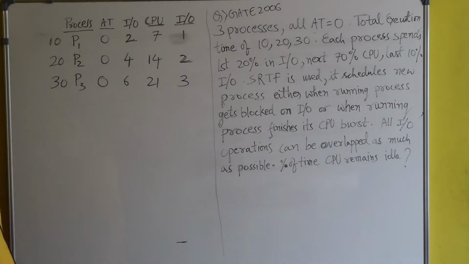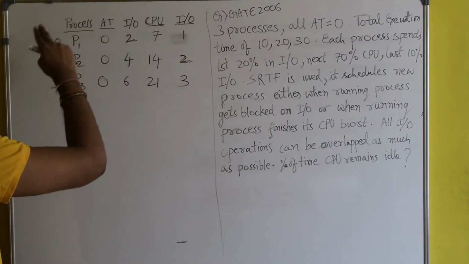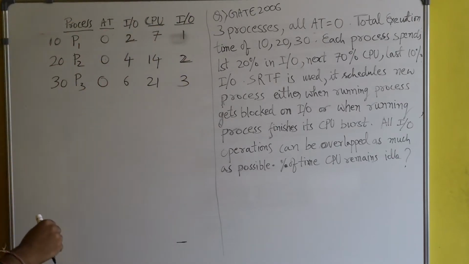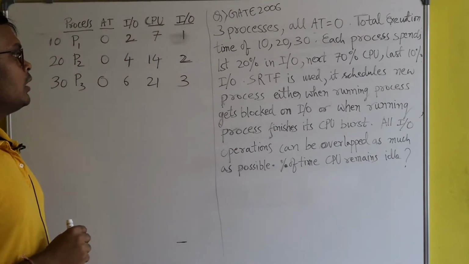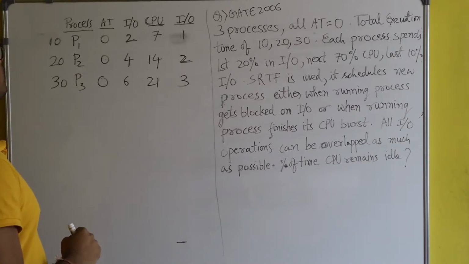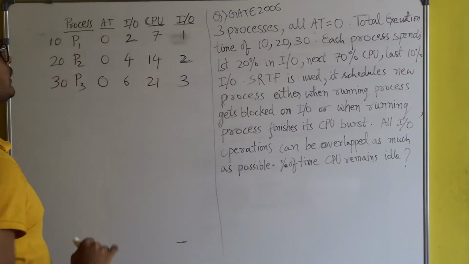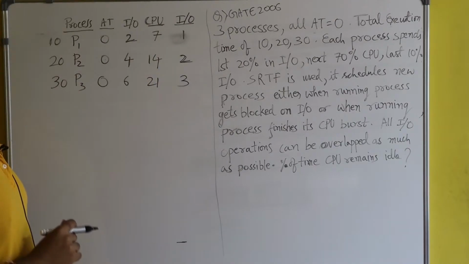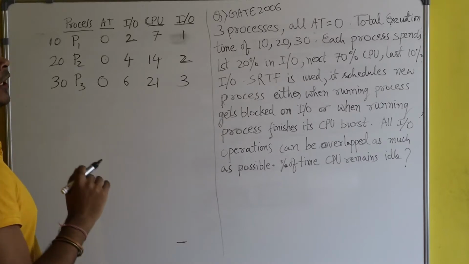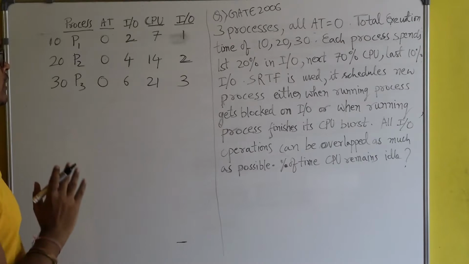So after reading till now, we have made this table. It's an easy question, don't worry. We have encountered I/O operations in this question, which is new to you, but I will make it very easy. Just trust me and watch this video.